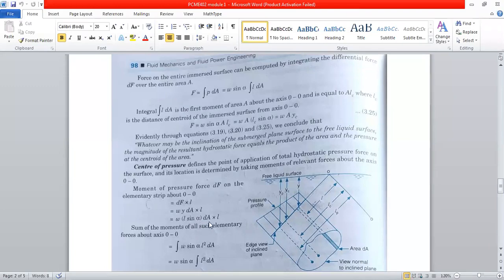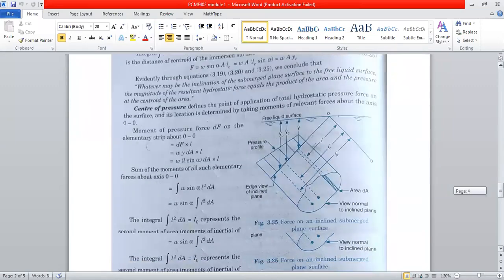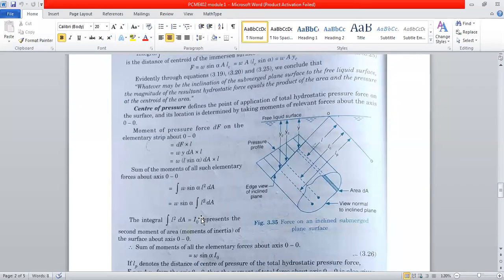We have already said that W L sin alpha into dA into L. Then the sum of the moments of all such elementary forces, that means the second moment. So we integrate this W sin alpha L square dA. First we measure the first moment, then the second moment. So integrating, we get W sin alpha times the integration of L square dA.